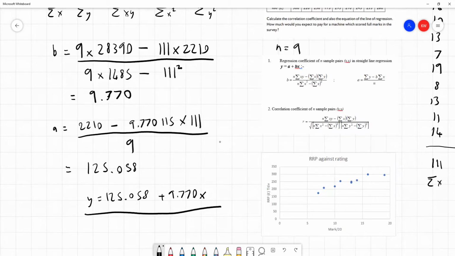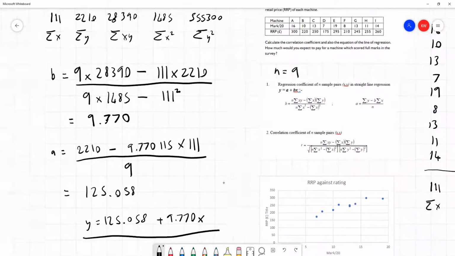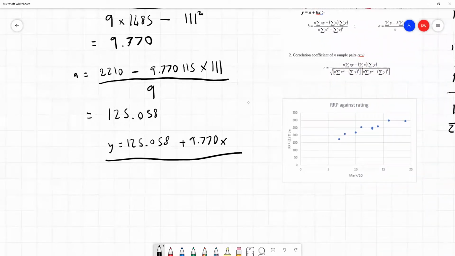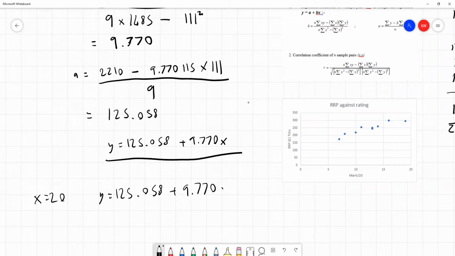We're asking the question, how much would we expect to pay for a machine which scored full marks? Well, a machine that scores full marks, if you look at our x, is out of 20. So a machine that scores x equal to 20, we'd expect that to cost, well, let's put in our values: 125.058 plus 9.770 times 20, because 20 is our value for x when it's full marks.